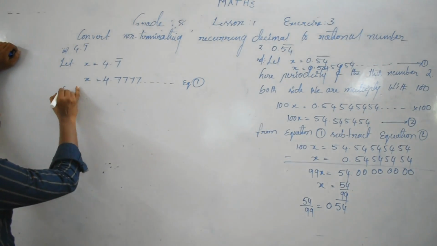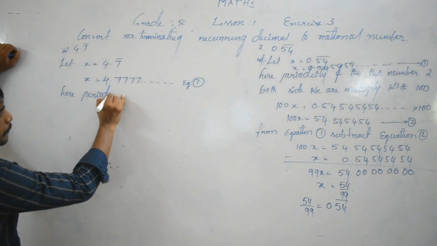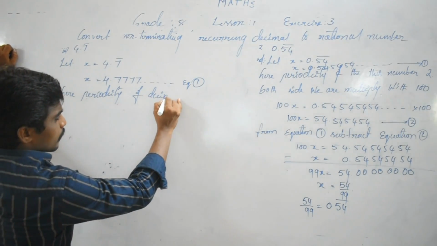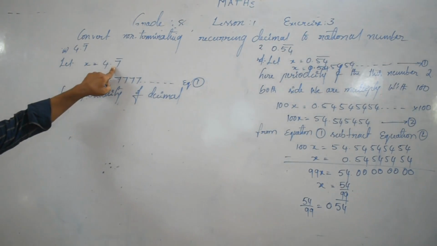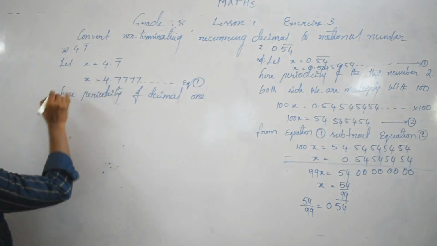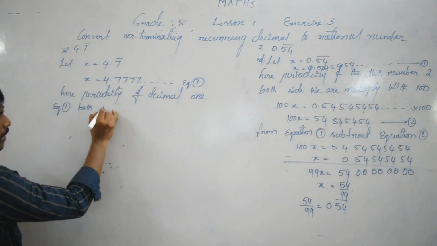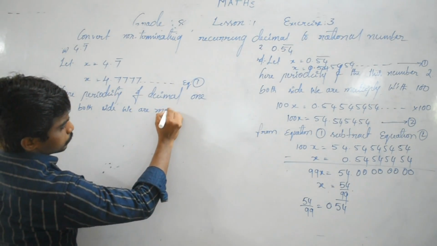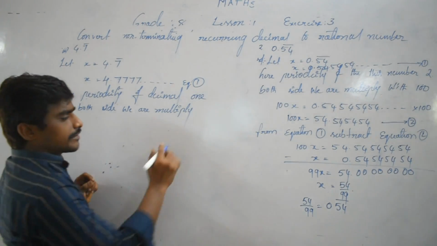The periodicity of the decimal, how many decimals? Only one decimal. So on both sides of equation 1 we multiply with 10.